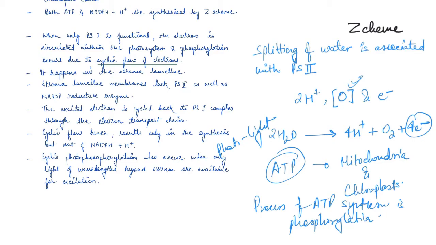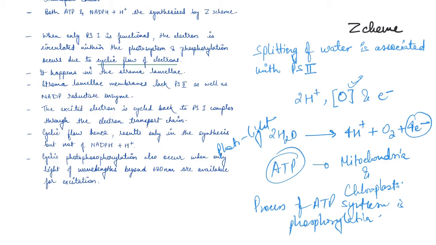Now when only PS1 is functional, right? Basically, non-cyclic photophosphorylation is when PS2 and PS1 both are involved. When only PS1 is functional, the electron is circulated within the photosystem, and phosphorylation occurs.